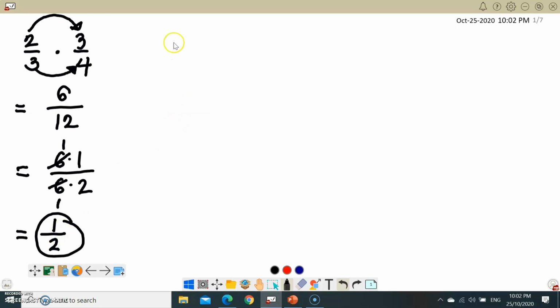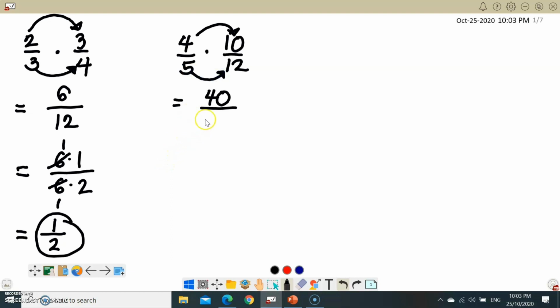Let's try another. We have here 4 over 5 multiplied by 10 over 12. So 4 multiplied by 10 is equal to 40 over 5 multiplied by 12 is equal to 60. Then we simplify.